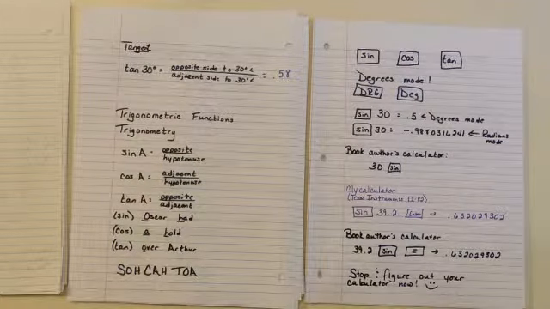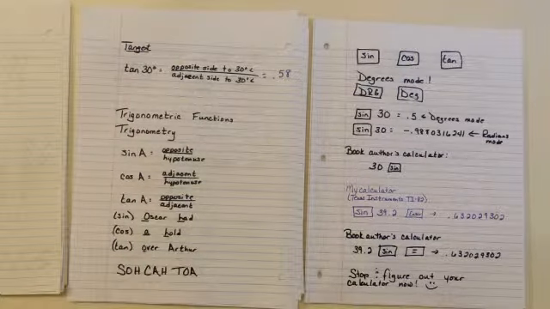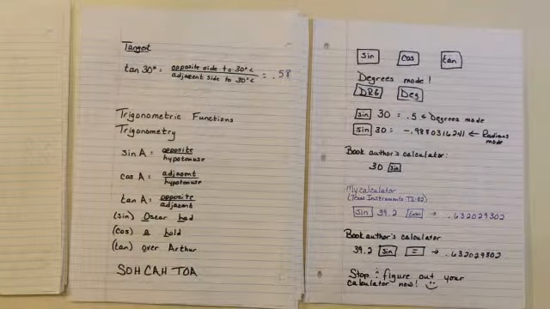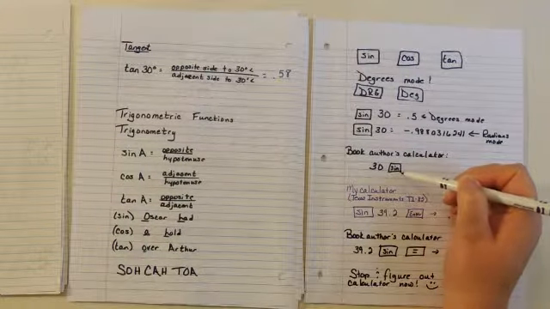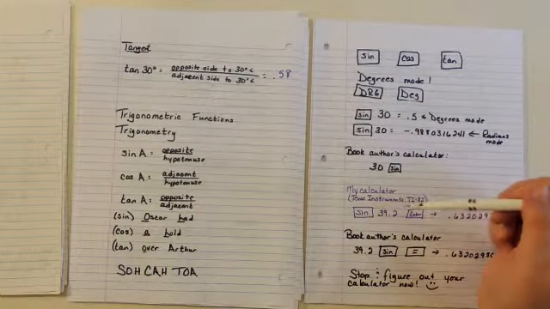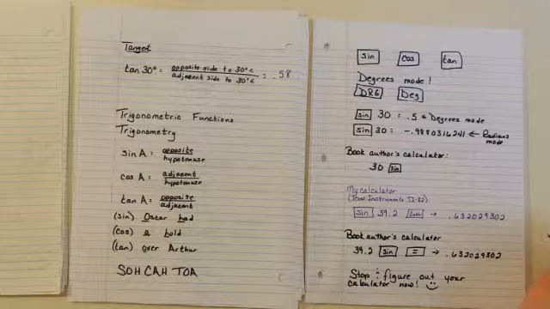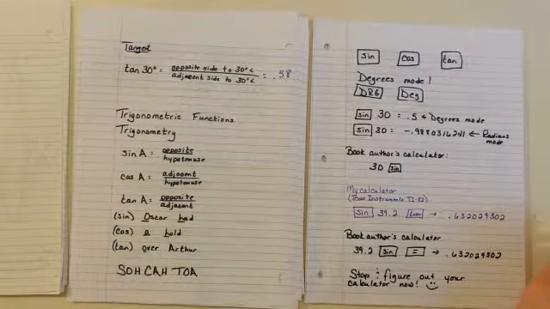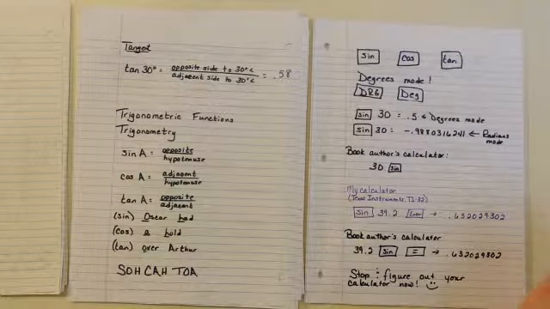The calculator in your book, the calculator that the book writers used, requires you to type the angle first and then sine. My calculator, I push sine and then 30 and then enter. So you need to play with your calculator and figure out which way it works and which way it gives you the correct answer.